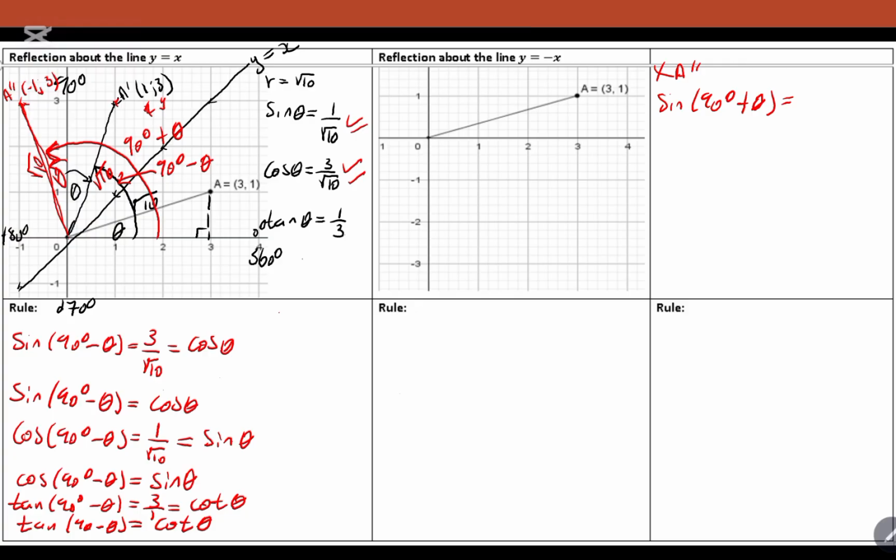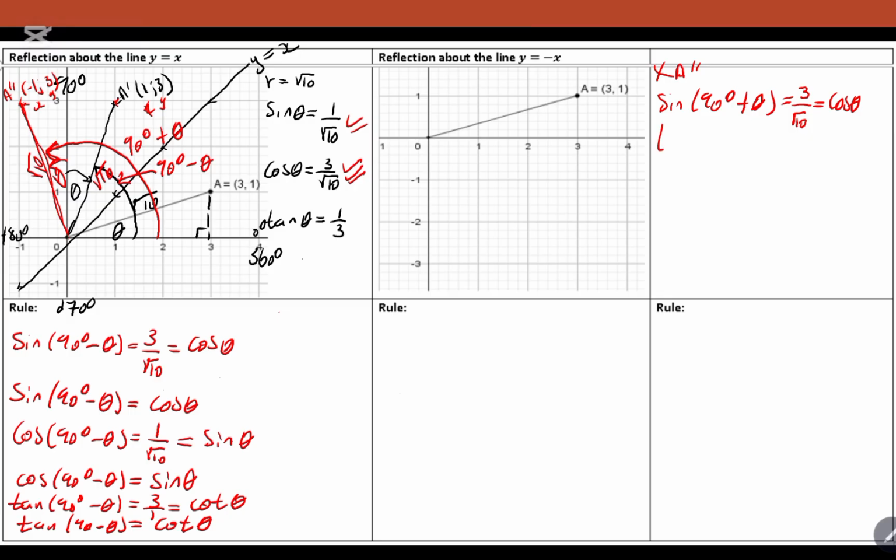In this case, our y is 3 and our x is -1. So this is going to be 3 over the square root of 10. But we know that 3 over the square root of 10 represents the cosine. So that means sine of 90 plus theta is equal to cos theta.